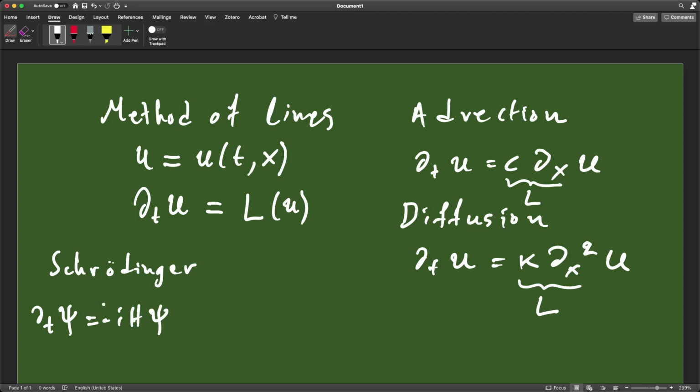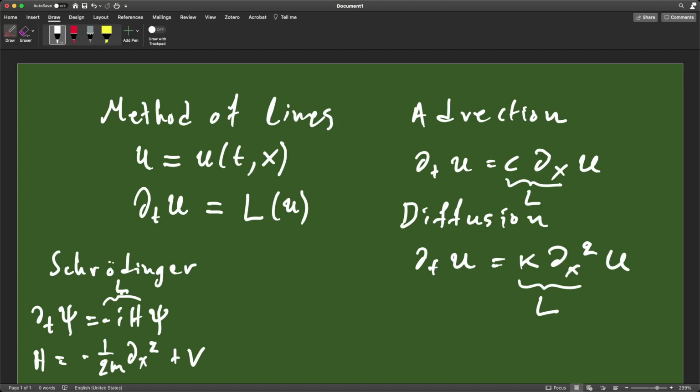So right now this quantity L is minus i H, where L is the linear operator, and the Hamiltonian is minus 1 over 2m, where m is the mass of the particle, partial x squared plus V. So this is a linear equation. H is also a linear operator, so L is a linear operator.